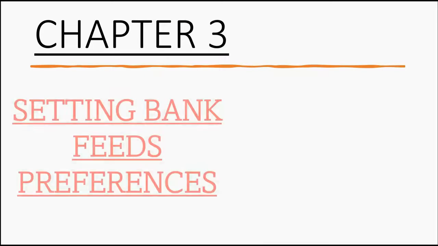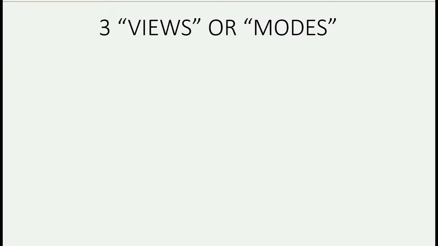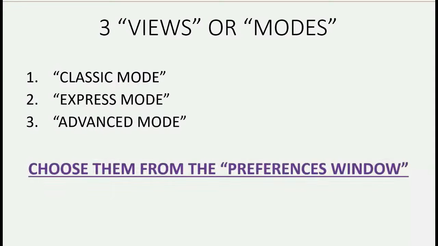Chapter 3. Setting Bank Feeds Preferences. There are 3 different views, or let's say 3 different modes that you can choose from when using the Bank Feeds Center. You can open the Bank Feeds Center in Classic mode, or Express mode, or Advanced mode. All 3 modes are chosen from the Preferences window.